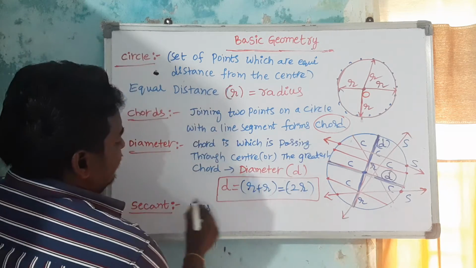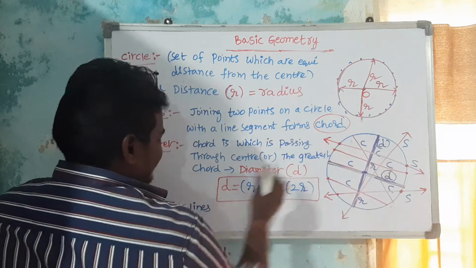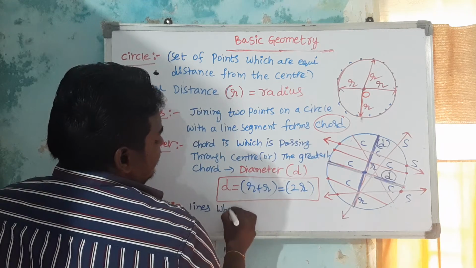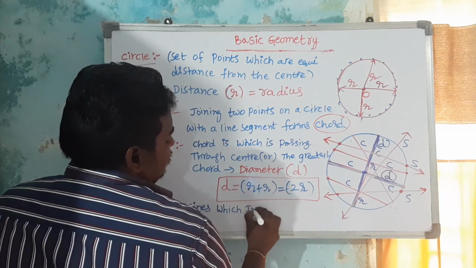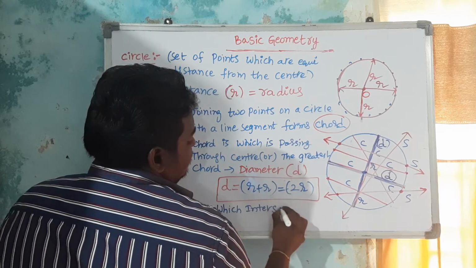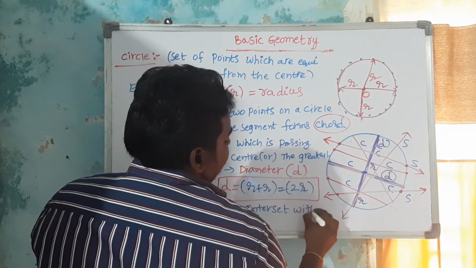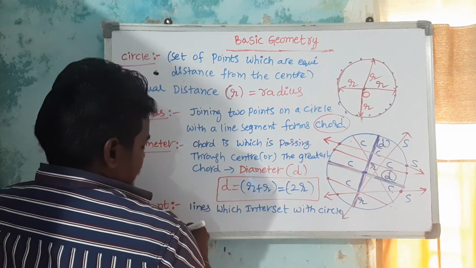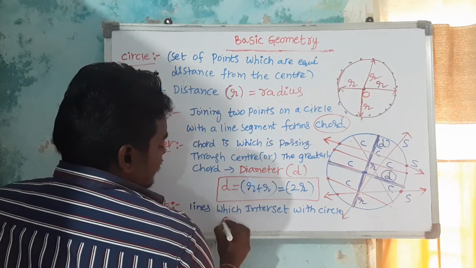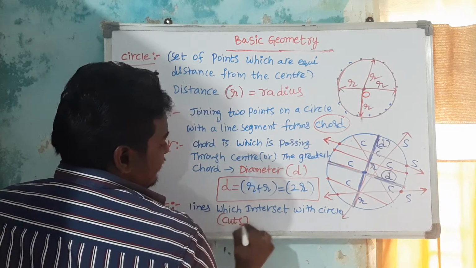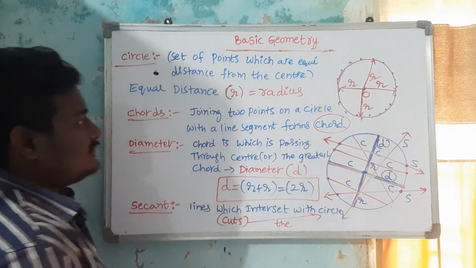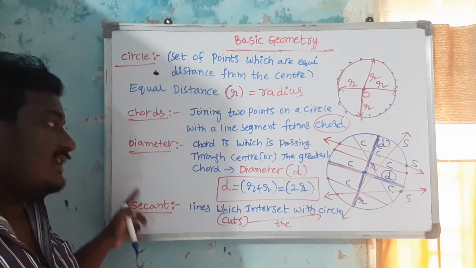These are lines, meaning endless lines, which intersect with a circle, or lines which cut the circle. I can say secant. That is about chord, diameter, and secant.